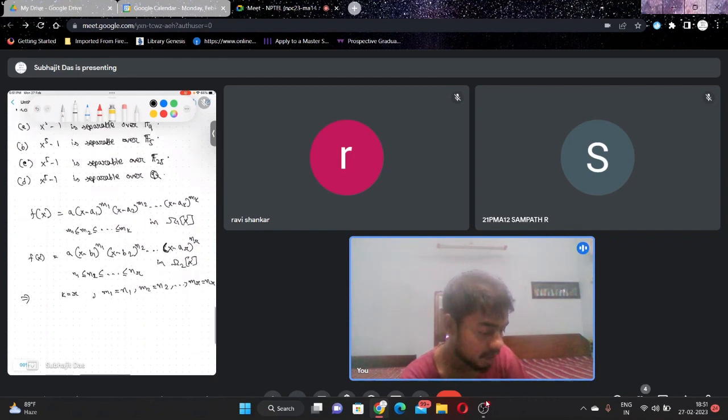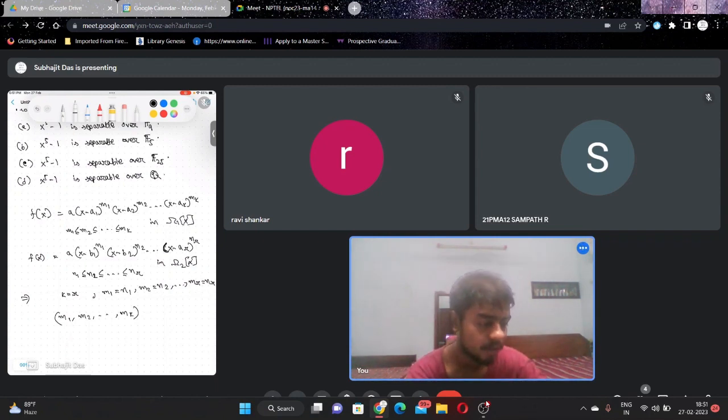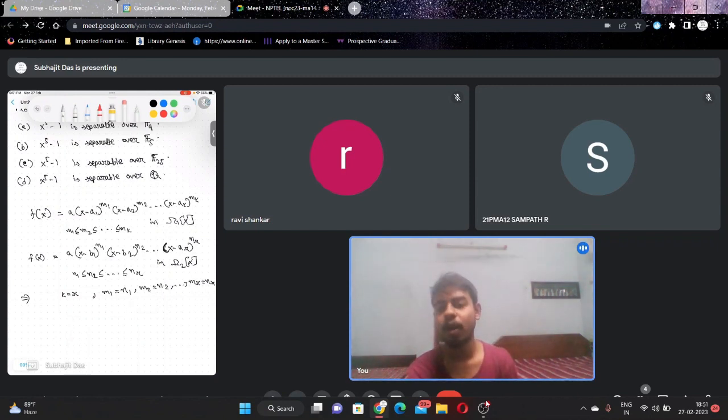In other words, this increasing sequence m1, m2 dot dot dot mk of powers of the respective factors should be invariant. Regardless of whether you look at it in omega 1 or omega 2, this sequence of powers will be the same. So in particular, if the polynomial is separable, then all these powers have to be 1, because, as you said, Ravi, all its roots are distinct.